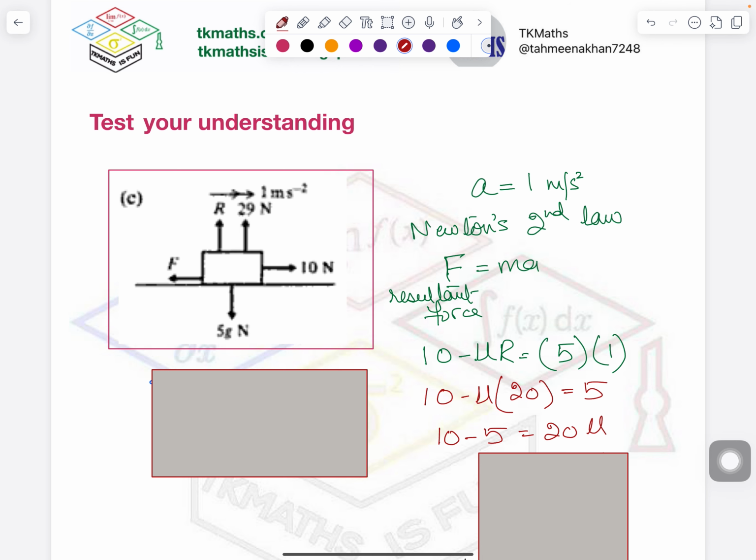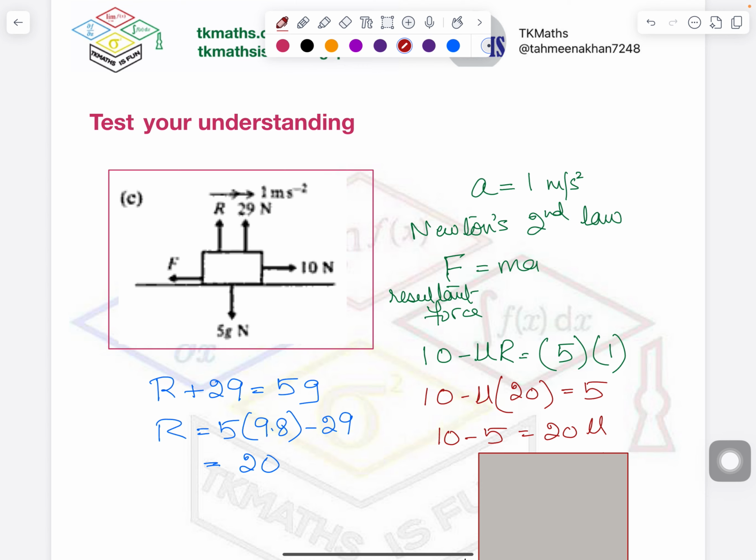And just like forward force is 10 Newton, backward force is mu r, because when the object is in motion, the maximum frictional force acts on the object. So now to calculate r, we will equate the vertical forces. So r plus 29 is equal to 5g. And this value of r you have plugged in here.